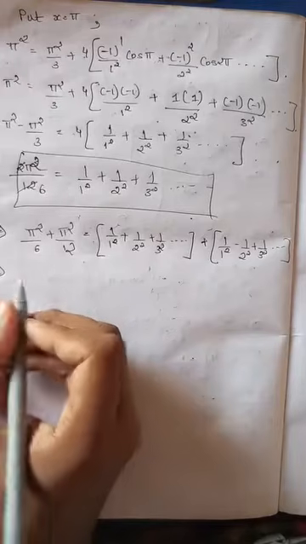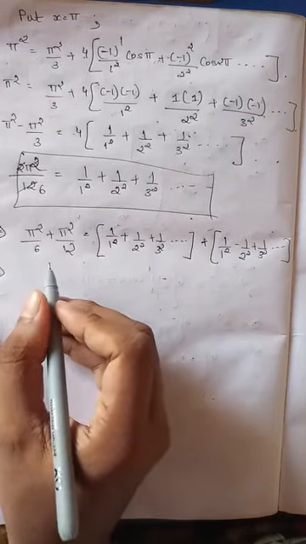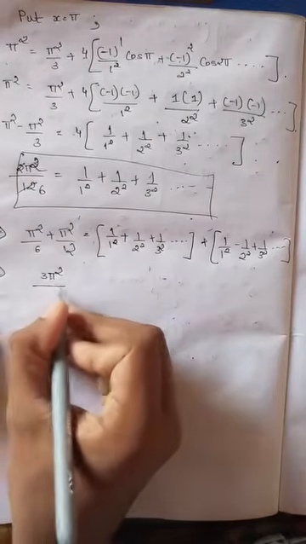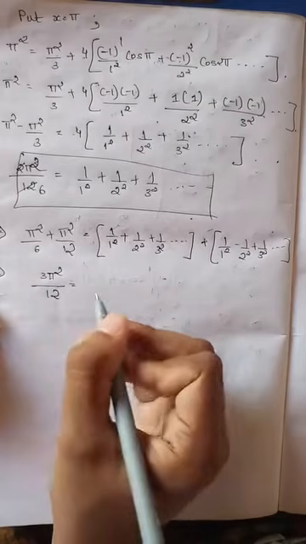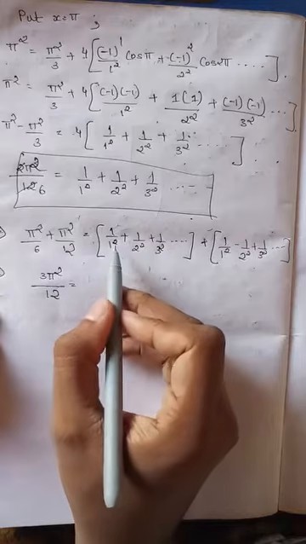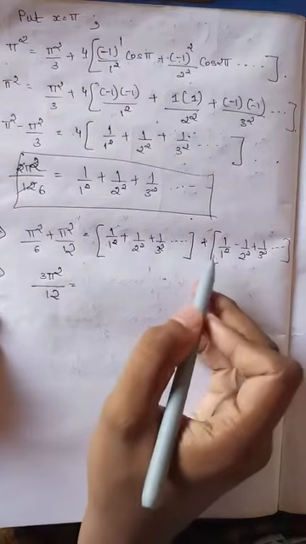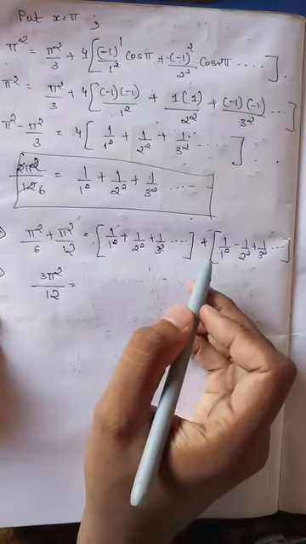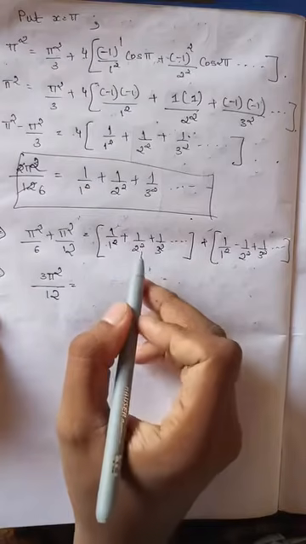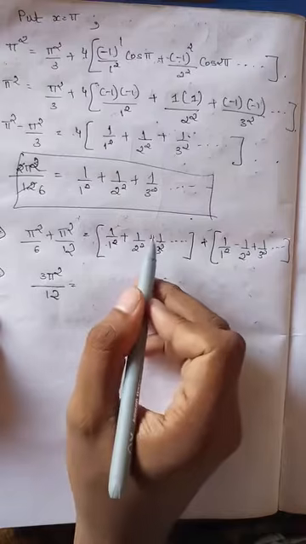So now let's simplify this. While we take LCM, I hope all of you know it, so I'll directly write the step. It becomes 3 pi square by 12 is equal to, so here we can see that 1 by 1 square and 1 by 1 square are adding up twice, so we can write 2 into 1 by 1 square, and in the other case all the even terms, like 1 by 2 square, 1 by 4 square, all get cancelled.